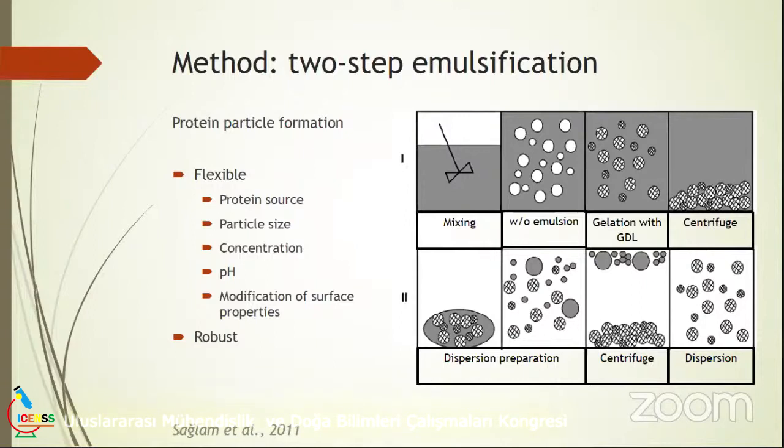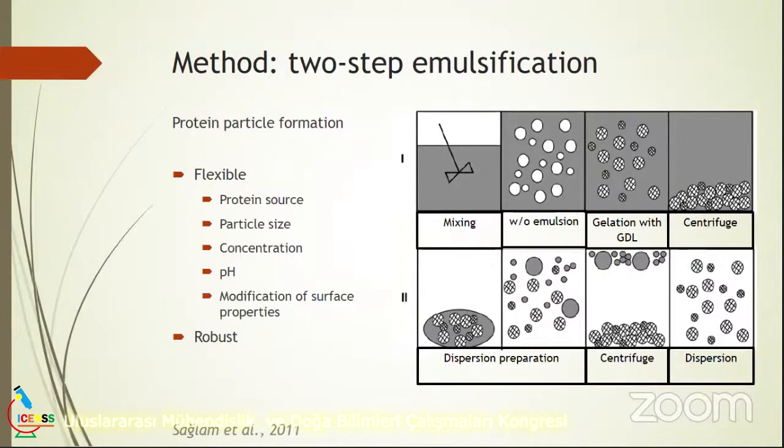And in the second step, we washed out the remnants of oil actually. So we have used a whey protein isolate solution to remove the oil droplets from the particles. We prepared this dispersion and then centrifuged them again. We repeated this step twice and obtained oil-free particles as a wet pellet.